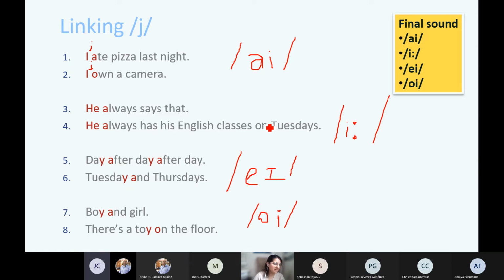So for this one, Sebastian, can you pronounce those examples, please? It's okay. Amaya, can you pronounce the examples, please? Day after day, and Tuesday and Thursdays.